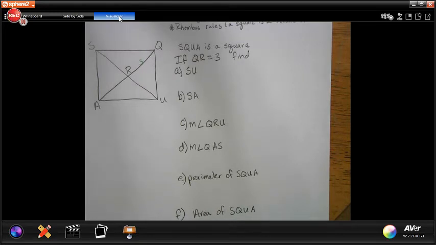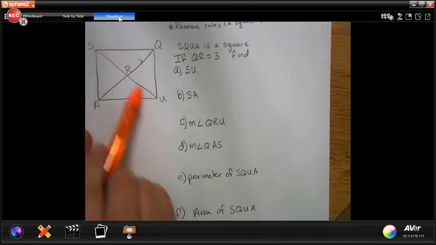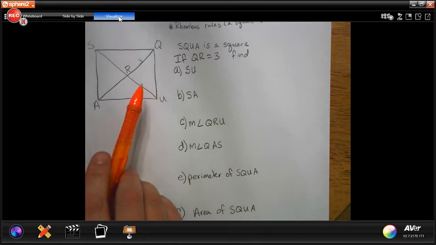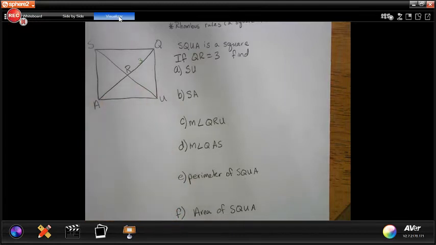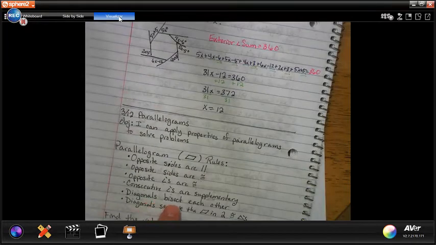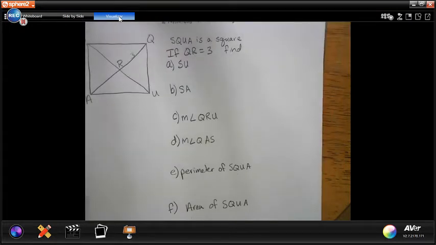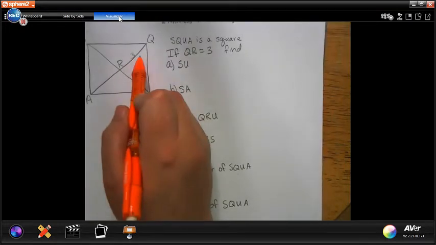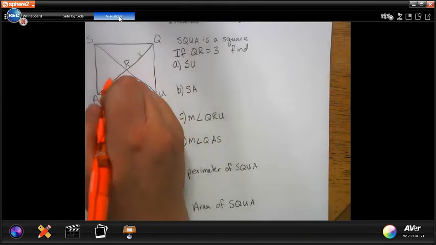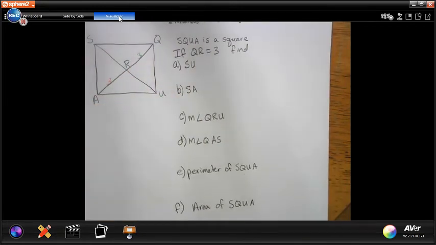So SU, where's SU? Oh, SU is this diagonal here. We have information about diagonals. We know that the diagonals bisect each other, so that means we have equal parts. So if QR is 3, that means RA is 3 as well.